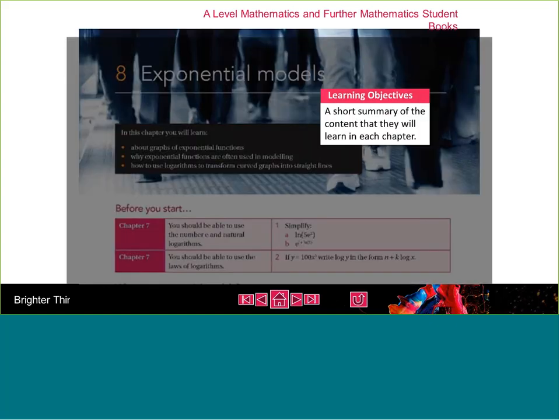Looking at our actual textbooks, you can see an example of a student book there. This particular chapter is exponential models. We start each chapter with learning objectives, which relate to the objectives in the specification, so that you can plan your delivery quite easily.